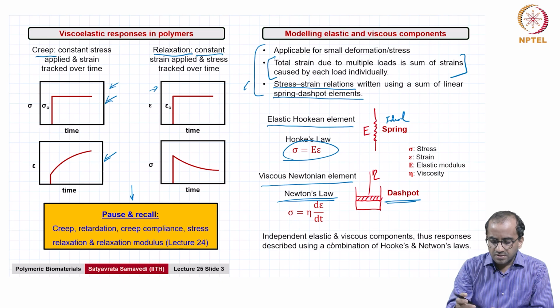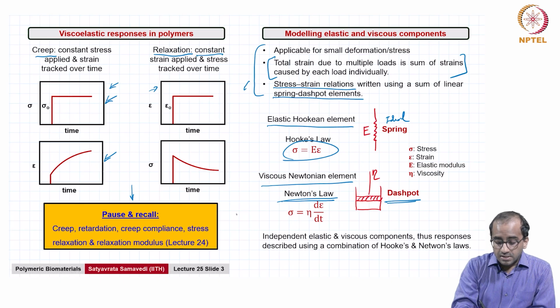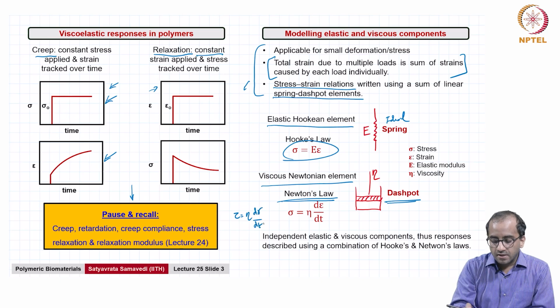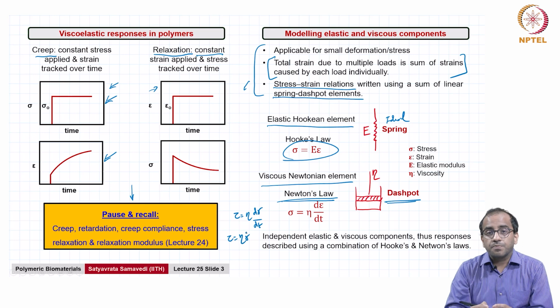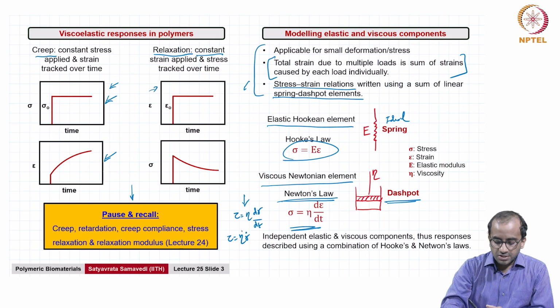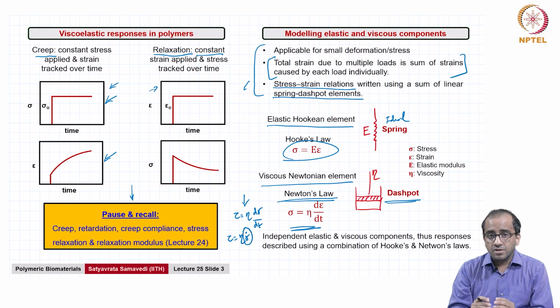Sometimes you might see this law also written as tau is equal to eta times d gamma over dt, or tau is equal to eta times gamma dot. Again, this nomenclature is typically used if you are using shear. This nomenclature is used if you are using tensile or compressive. Of course, this is simply the nomenclature for strain rate.